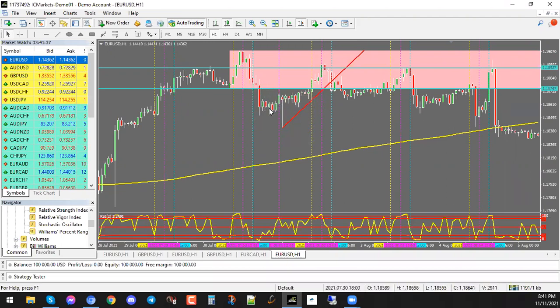When that area of structure, like this area here, gets broken, then you're going to be looking for some sort of retracement, because you know that they just accumulated the stops of the buyers here, and now they're going to start pushing the price up again to get a better price. Okay, maybe you can drop down to a lower time frame, or you can use an order block from the 1 hour time frame, and you can look for an area where they're going to have some interest to go short again.